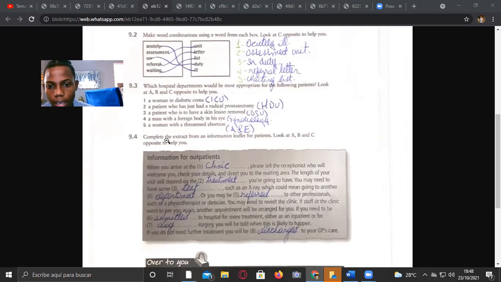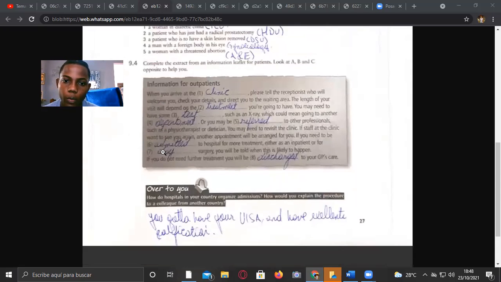Complete the extract from an information leaflet for patients. Look at A, B, and C opposite. Information for outpatients. When you arrive at the clinic, please tell the receptionist, who will welcome you, check your details, and direct you to the waiting area.